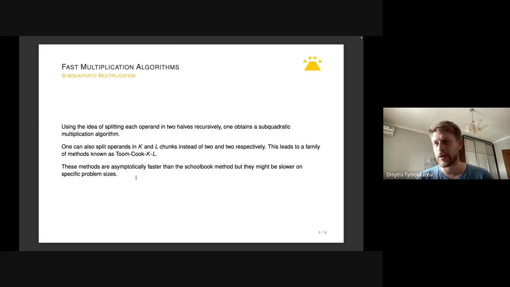For example, there are methods based on FFT that are almost linear, n log n in complexity, but they only become viable at really huge sizes. So we'll not consider them.